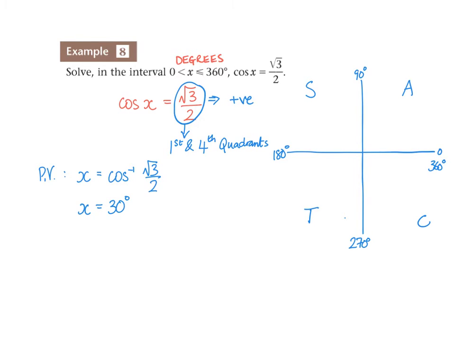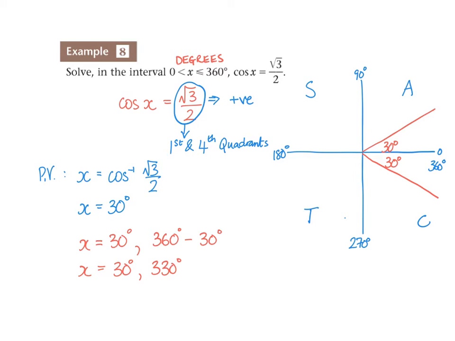So if we look at a quadrant system, 30 degrees in the first quadrant is here, and 30 degrees in the fourth quadrant is here. So x is equal to 30 degrees, or 360 minus 30 degrees, and that gives us two solutions of 30 degrees and 330 degrees. And if you put that into your calculator, if you do cos of 30 degrees, you'll get root 3 upon 2. If you do cos of 330 degrees, you'll also get root 3 upon 2.